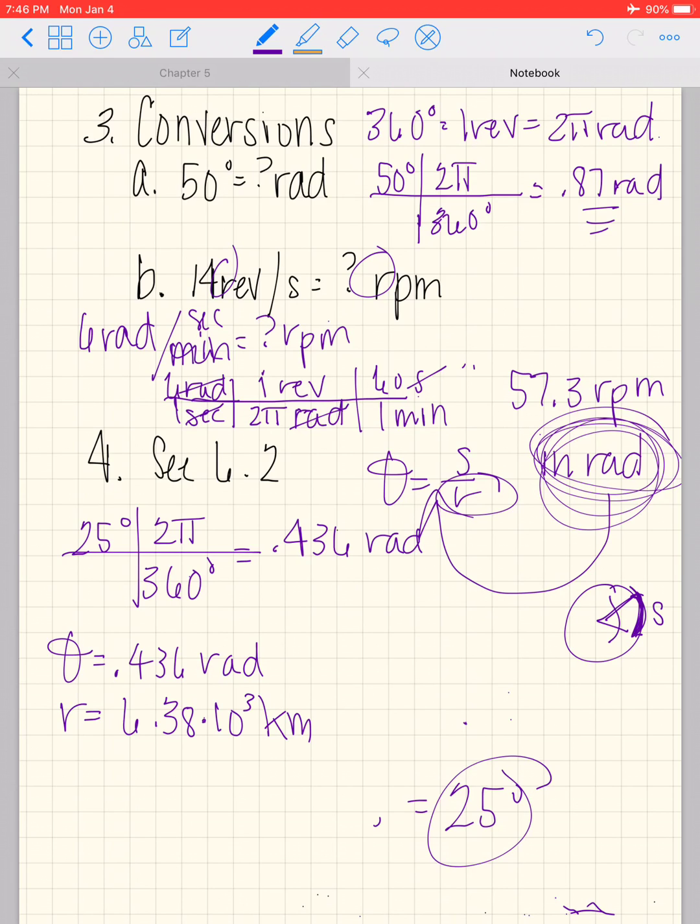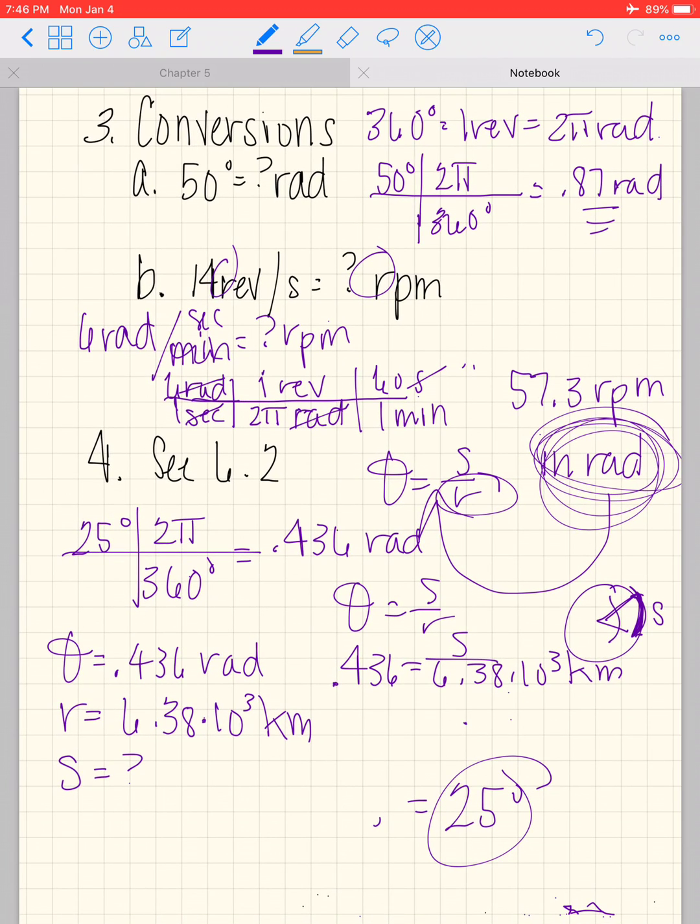I'm looking for S. I know my radius, I'm looking for S. I know theta, and my theta is now in radians. It sounds like a perfect application of theta is equal to S over R, or 0.436 radians, which is unitless, is equal to S all over 6.38 times 10 to the third kilometers.